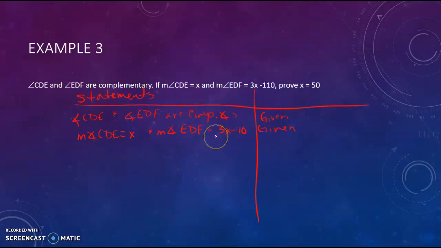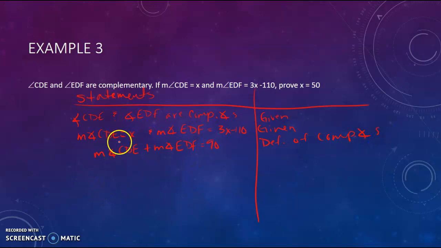So we're going to work with this first given, the fact that they're complementary angles. And so since they're complementary angles, then the measure of angle CDE plus the measure of angle EDF is going to equal 90 degrees, and that's by the definition of complementary angles.